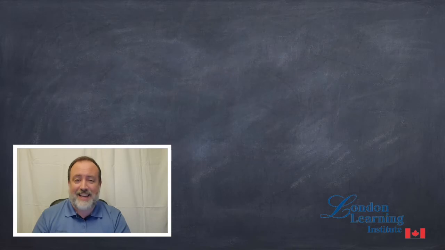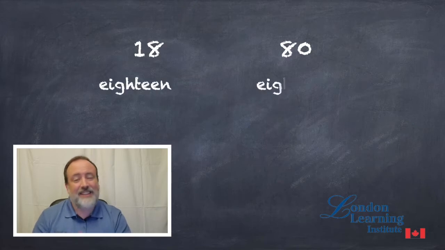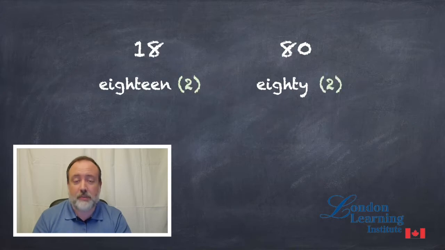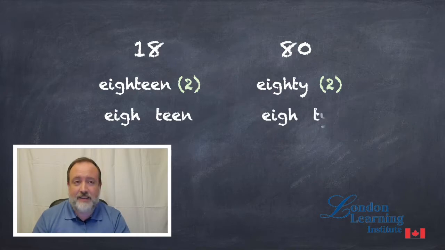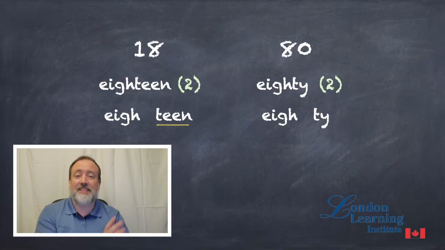If we look at 18 and 80, when I say these words, 18 and 80, they sound very similar. They both have 2 syllables, but when we look at the breakdown, 18 and 80, the stress is different. We have 18. Normally when we speak, the stress is on the second syllable, 18.